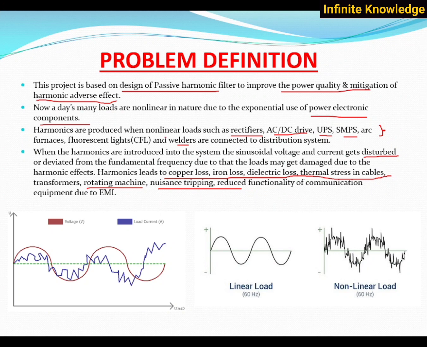Also, driver failure of your LED lights. Sometimes the driver that is used to drive your LED light might fail after some time, like every 2 months, every 4 months, you are facing the issue that your LED light drivers are failing continuously. That is also due to harmonics.